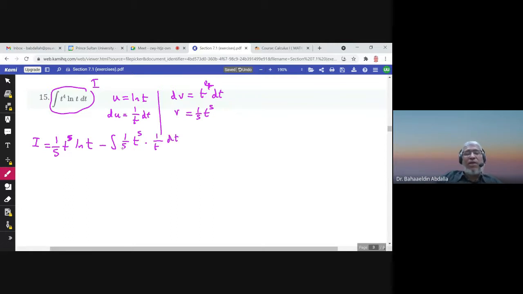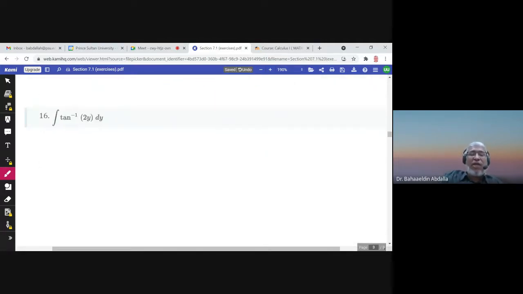And here I can take 1 over 5 outside, and this would be t to the power 5 over t, that's t to the power 4. And the integral of t to the power 4 is t to the power 5 over 5. Or I can just write this as 25 plus c. So this would be the answer.